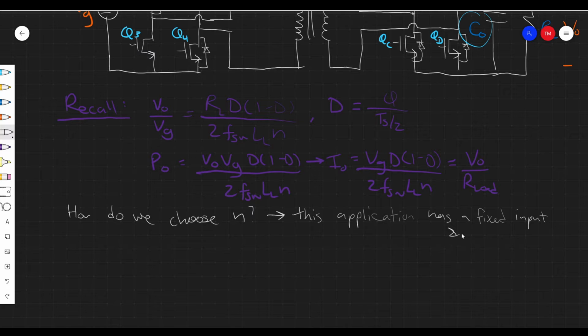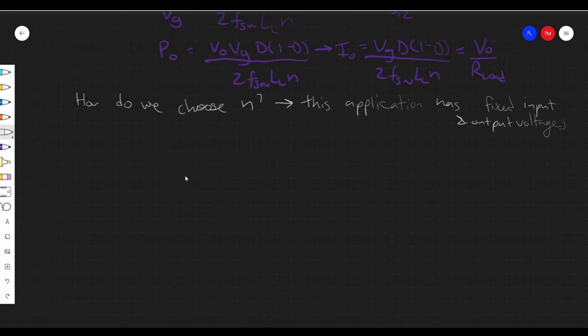Fixed input and output voltage. This is kind of important because it means that we don't have to design it for varying conditions. Really, we're just varying the load current. So because of that, because they're fixed, let's look at how the inductor current varies with n.